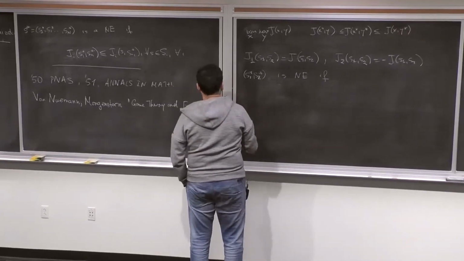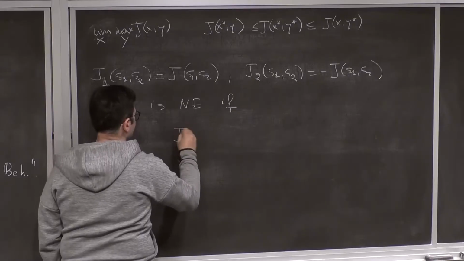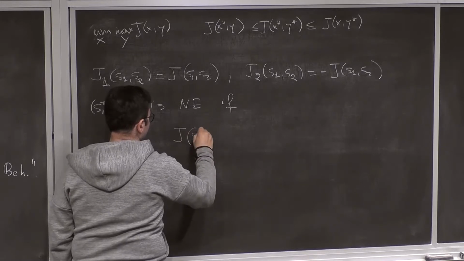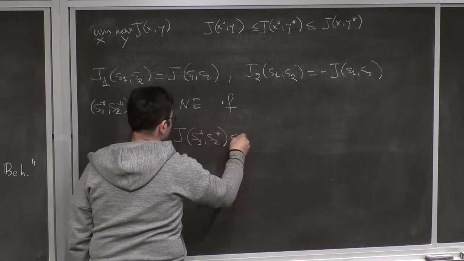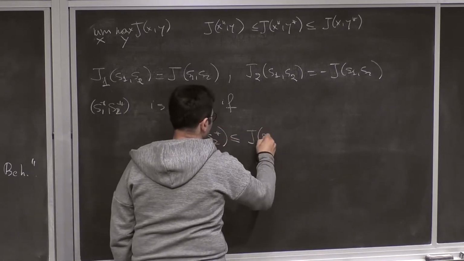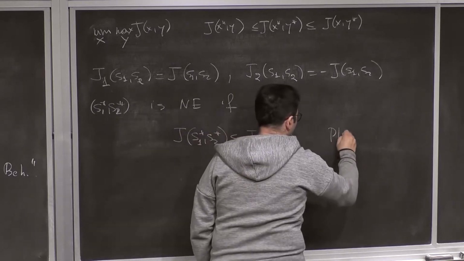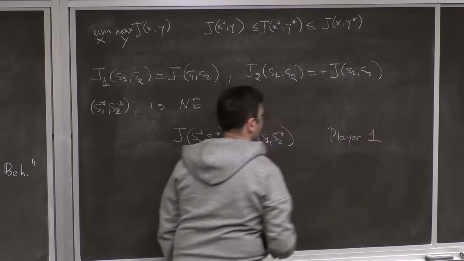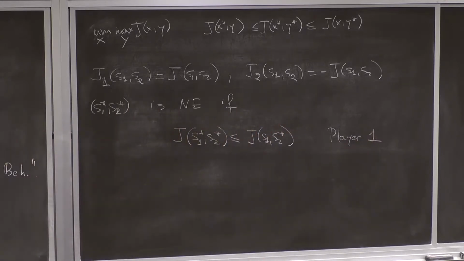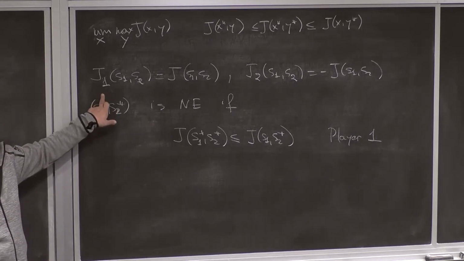So j(s1 star, ...), so this is what it means for player 1, right? Because j1 is just the objective.